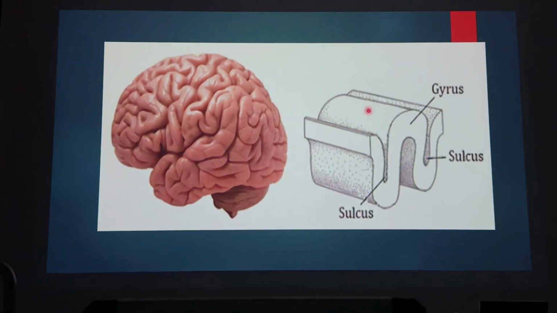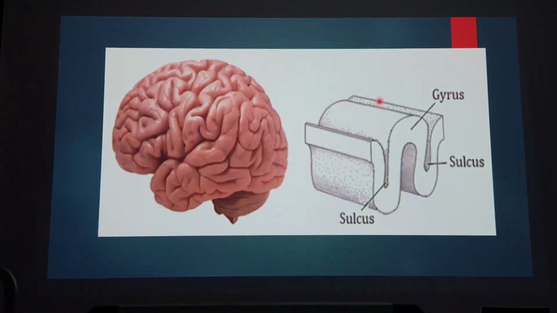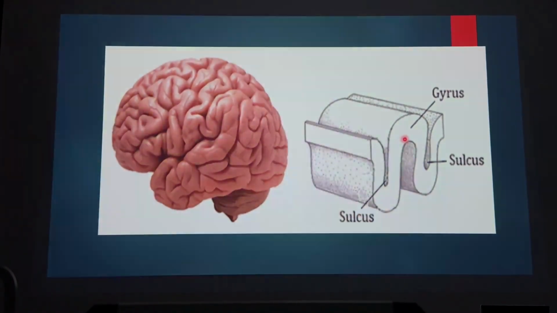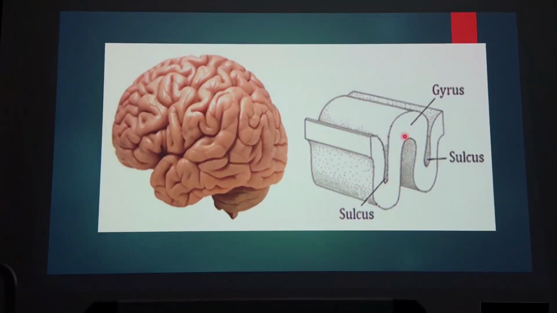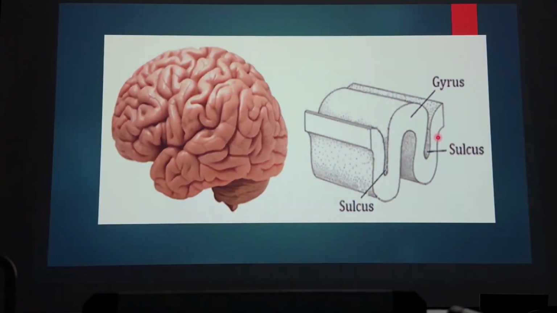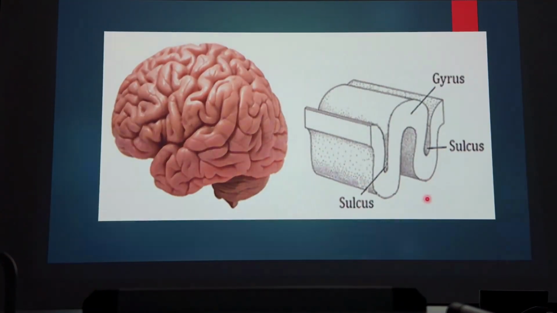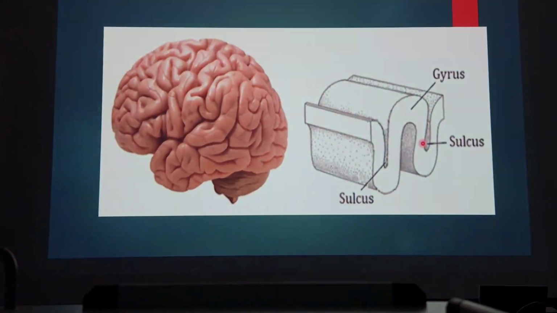Let's differentiate the sulcus from the fissure. The sulci are shallow depressions or grooves which serve to separate brain lobes from each other. When a sulcus is significantly deeper, it is called a fissure.